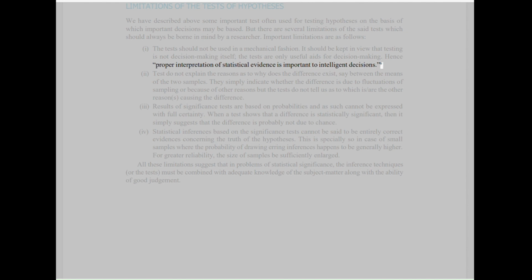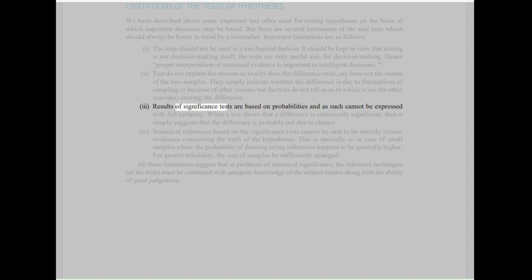2. Tests do not explain the reasons as to why the difference exists, say between the means of the two samples. They simply indicate whether the difference is due to fluctuations of sampling or because of other reasons, but the tests do not tell us which are the other reasons causing the difference. 3.